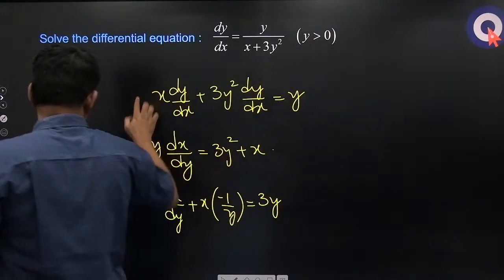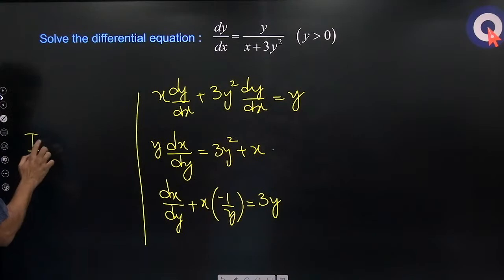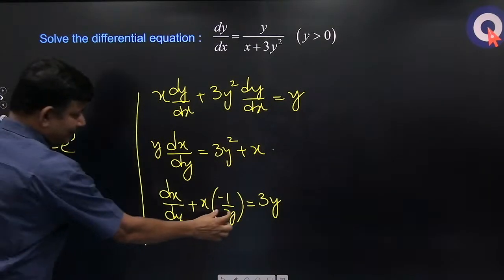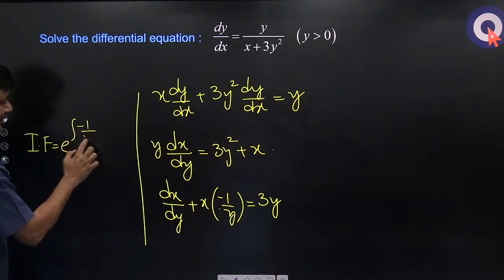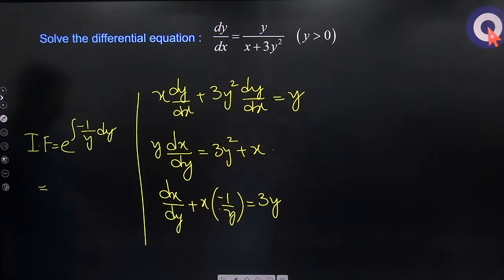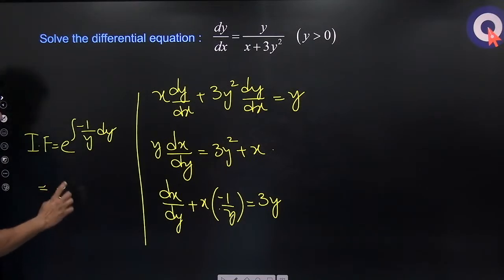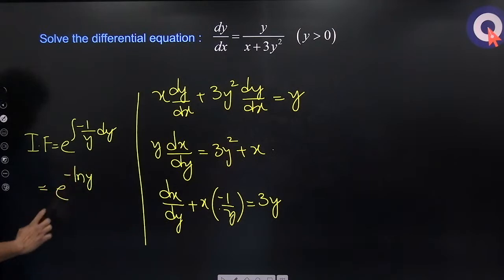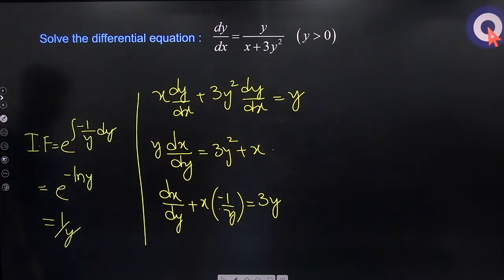So what will be your integration factor here? e power integral of p. P is -1/y dy, which will be e power minus log y, which is log 1/y. e power log 1/y is 1/y itself.